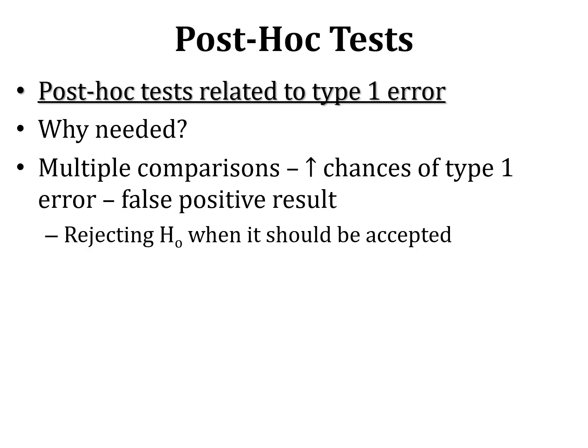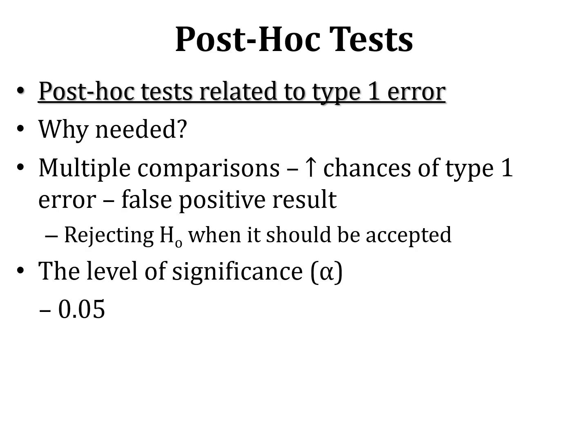So this is the increase in the chances of making type 1 error. Because the level of significance is usually set at 0.05, you reject or accept the null hypothesis deciding at the level of significance of 0.05. Which means that there is always a 5% chance that you are rejecting your null hypothesis incorrectly.